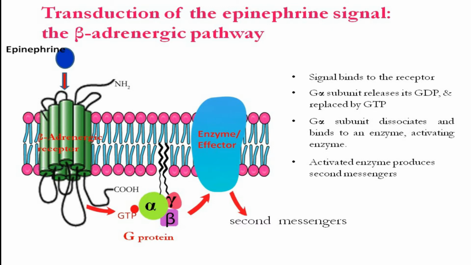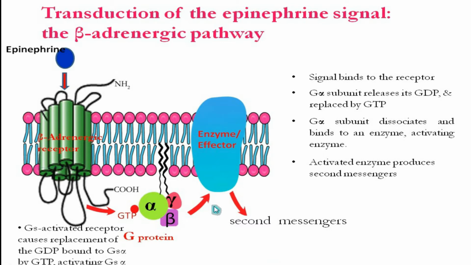The beta adrenergic receptor binds to G protein and the GDP is released. GTP is attached to the G alpha subunit. Then the G alpha subunit dissociates and binds to the enzyme, and here the enzyme is adenylyl cyclase. It releases second messengers. Which is the second messenger here? Cyclic AMP.